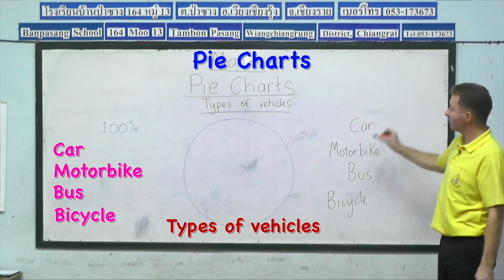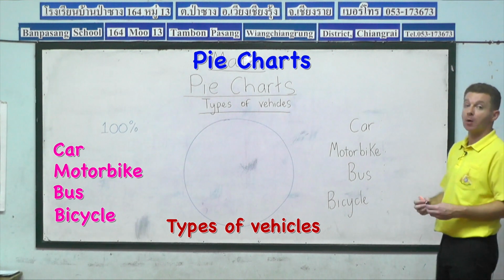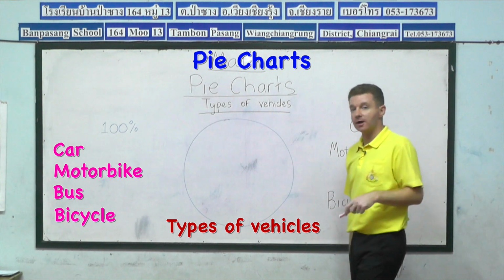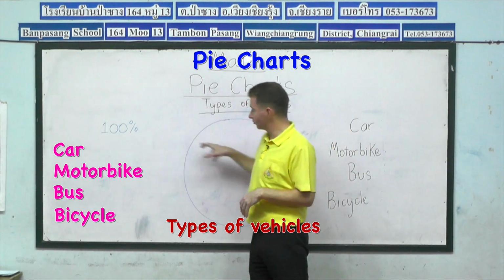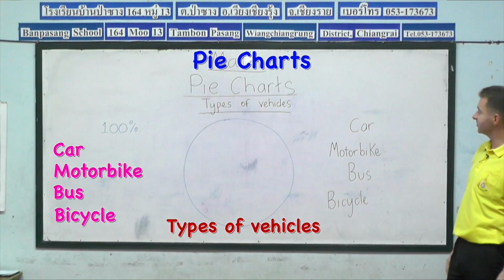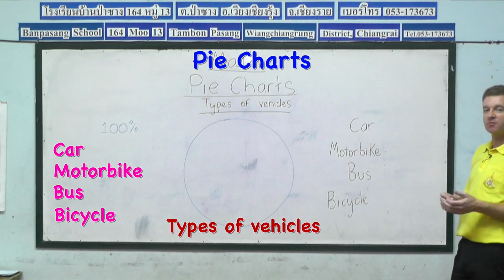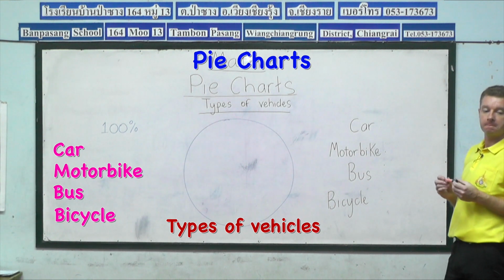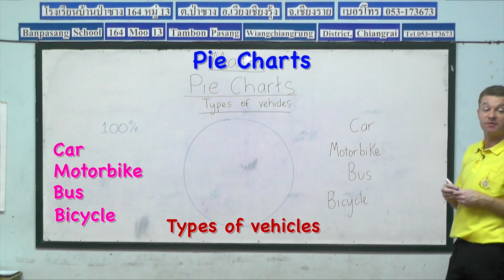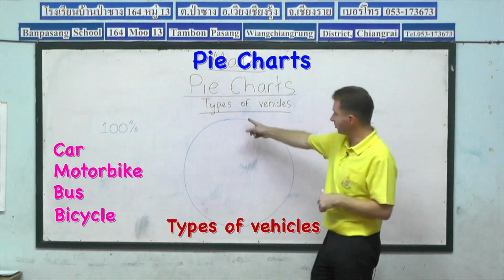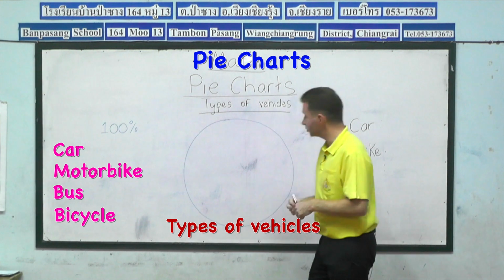Excellent, guys. We've got 4 different types of vehicles that we're going to use to show how different people travel to work. So based on our 100% for the entire circle, let's come up with some percentages. How many percent do we think of people would travel to work by car? 53, so more than half. Because remember, if we have 100%, 50% would be half.